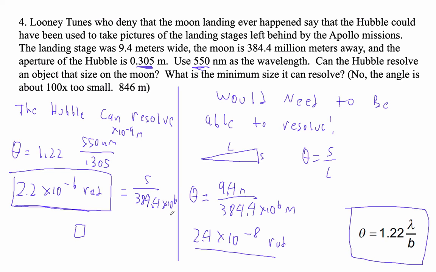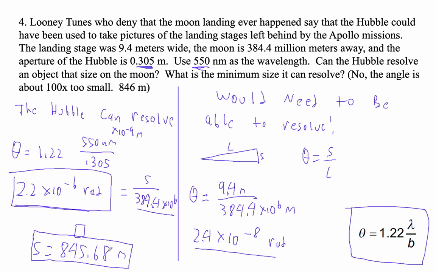So basically just take the distance to the moon, 384.4 E6, times the resolution of the Hubble, which is 2.2 times 10 to the minus 6th radians, and I get that the distance it can resolve on the moon is 845.68 meters.